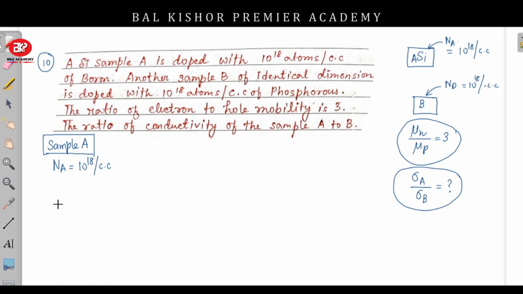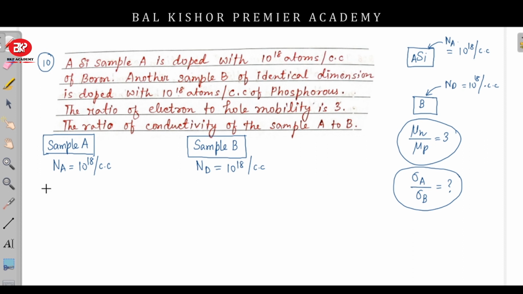Similarly for sample B, Nd doping has been done, so you can see that it is phosphorus doped. The Nd doping value is 10 to the power 18 per centimeter cube.